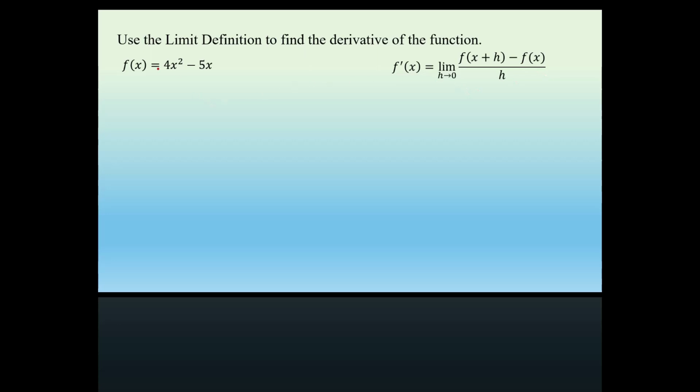So the first thing I'm going to do, I have f of x right here. So I have this piece. And obviously we'll have h. So I just need to find f of x plus h. This means everywhere that I see an x in my original f of x, I'm going to replace it with x plus h.